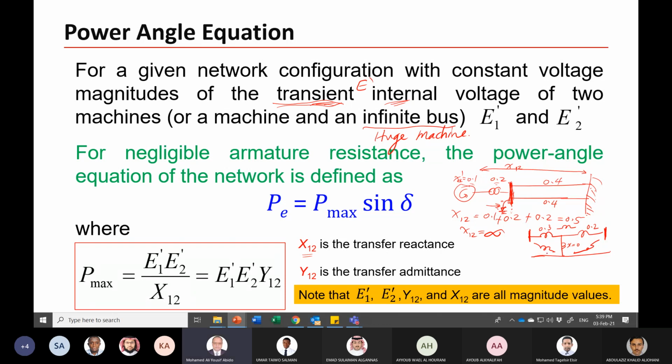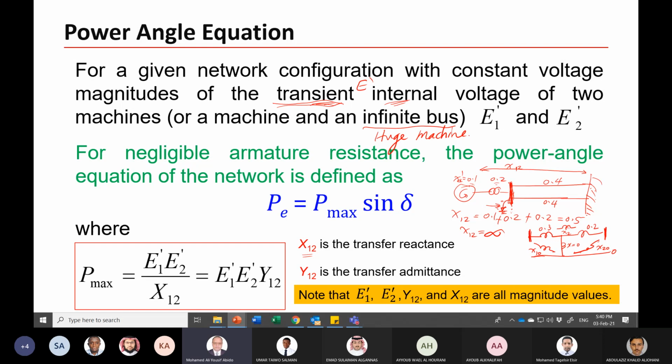What is important for us is X12. This one will be X20, which is a reference and not important for us. And this is X10 between this bus and the ground, which is not important. But this one will be X12.